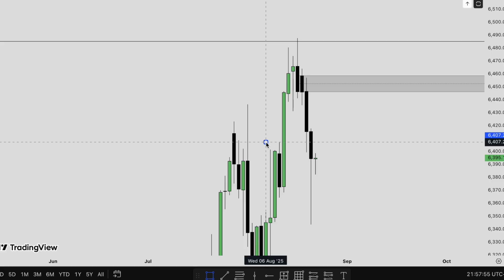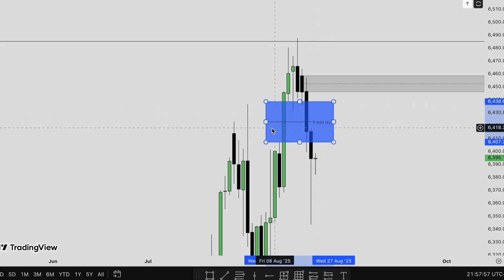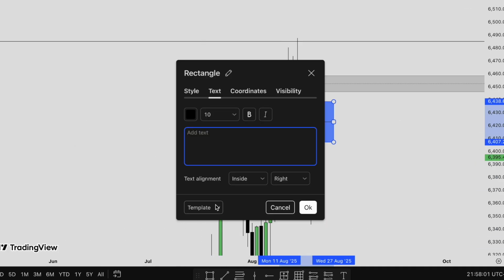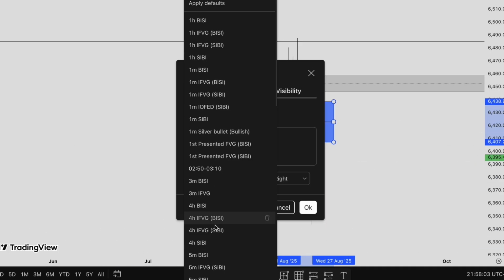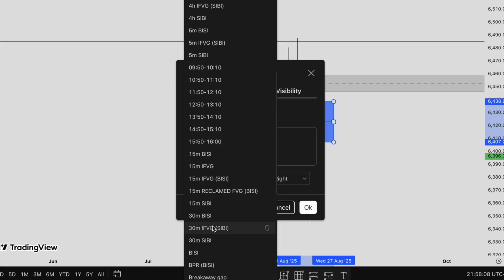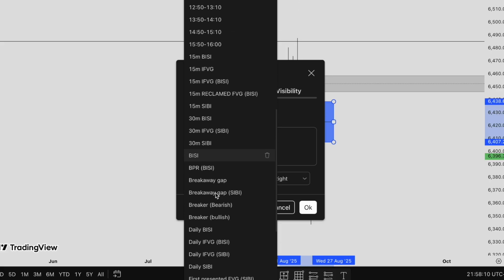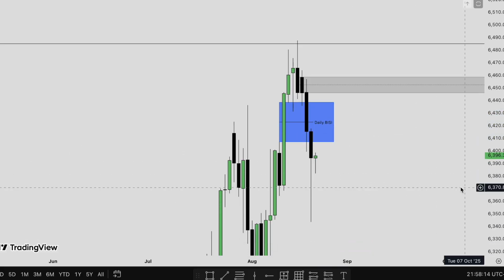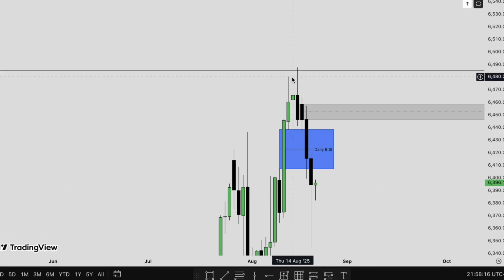Which is now an inversion fair value gap. And my attention was on the previous daily high, which we did reach.